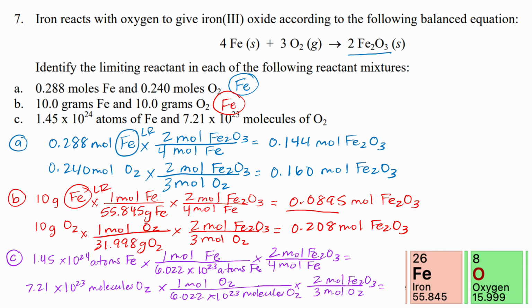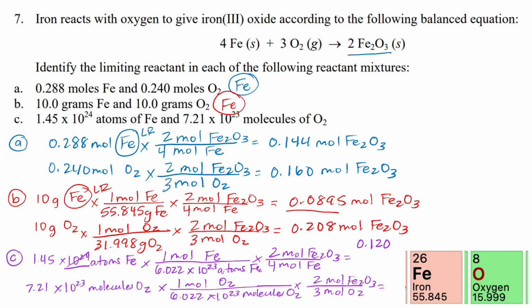So in my calculator, I do 1.45 divided by 6.022, and then I multiply that by 0.5, which is 2/4, and that gives me 0.120 for 3 sig figs. Now I have to deal with my exponents. So I have 10 to the 24th in the numerator, and I have 10 to the 23rd in the denominator.